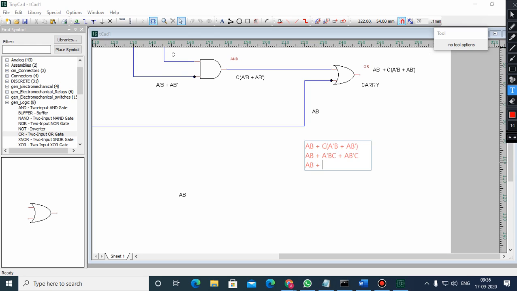Now if you take common, you get C as common.